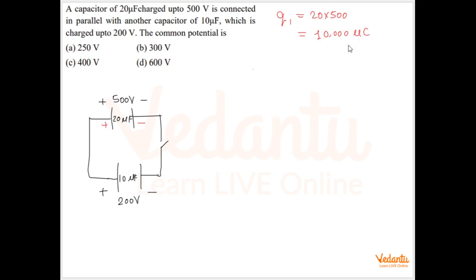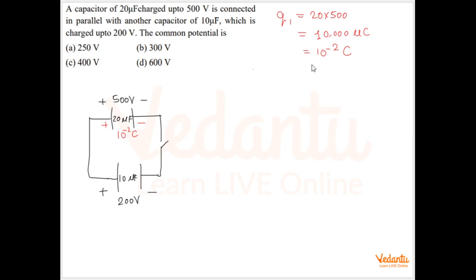That is 0.01 coulomb. Let's just call it 10 power minus 2 coulomb.